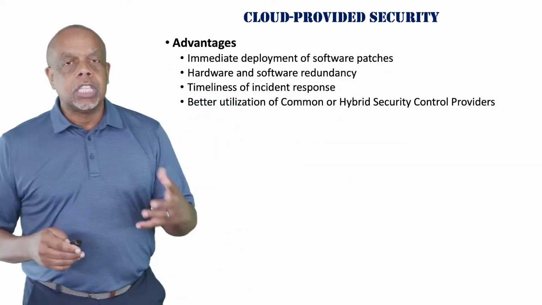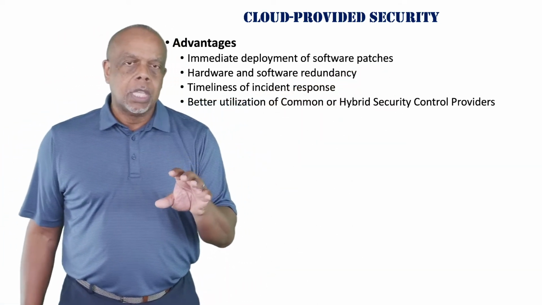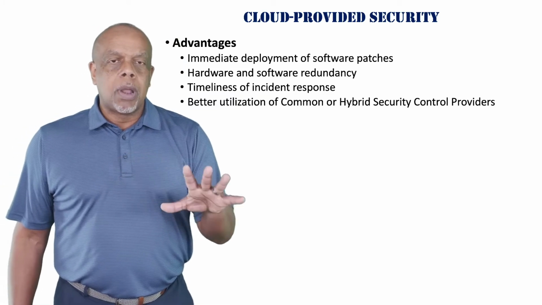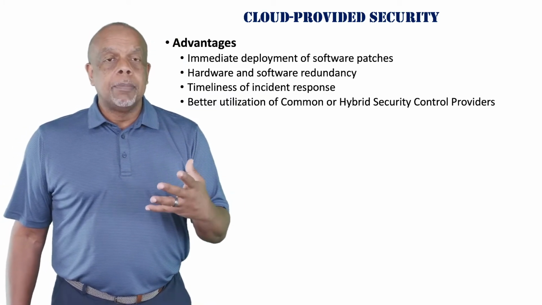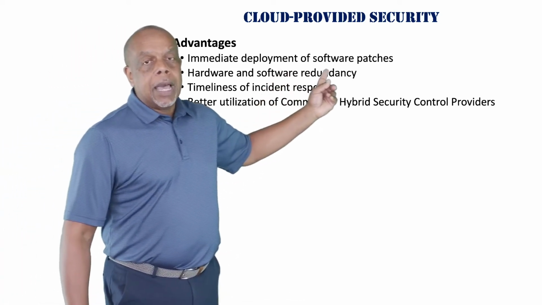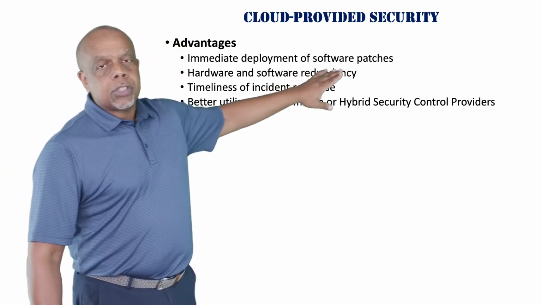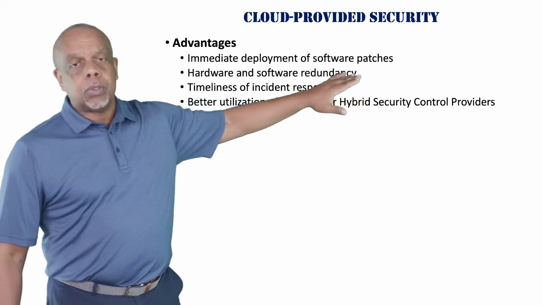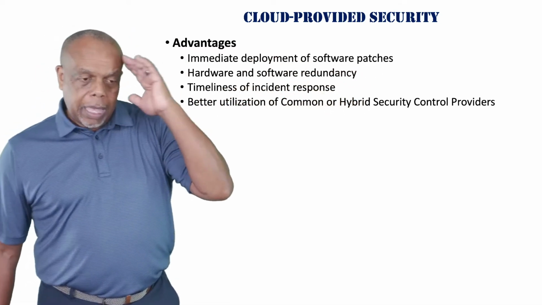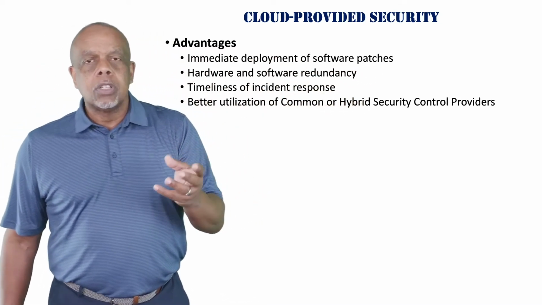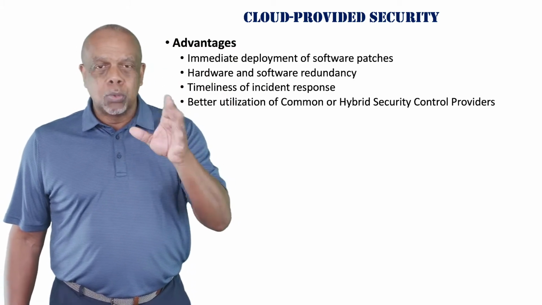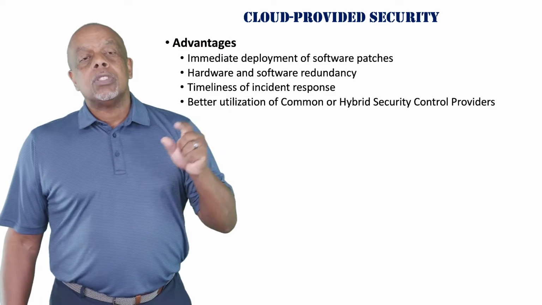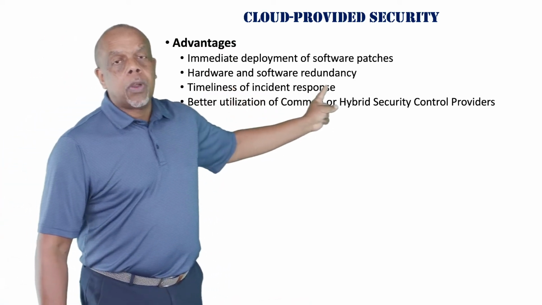Just trying to keep up with patches on all of your enterprise systems is a management nightmare many times. In a cloud environment, they have professionals whose full-time job that is. So I'm not that concerned about how Amazon keeps its servers patched, because that's what they do. They're getting paid for that. So also hardware and software redundancy.